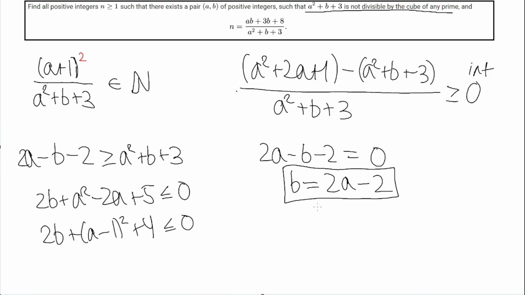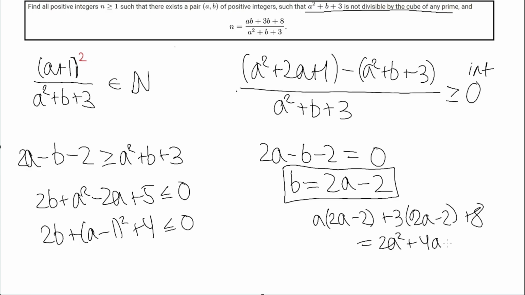We get that the numerator of n is a times (2a minus 2) plus 3 times (2a minus 2) plus 8, which is, after expanding, 2a squared plus 4a plus 2. And the denominator is a squared plus 2a minus 2 plus 3, which is a squared plus 2a plus 1.